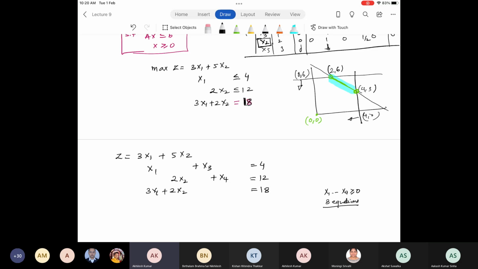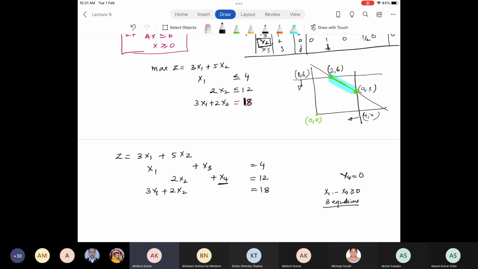Now, how should we initialize this? Sir, put any one variable equal to 0 and solve for the remaining 3 variables. Okay, tell me which variable I should put equal to 0. Your choice. Yes, sir, any one variable. Okay, x4 equals 0.